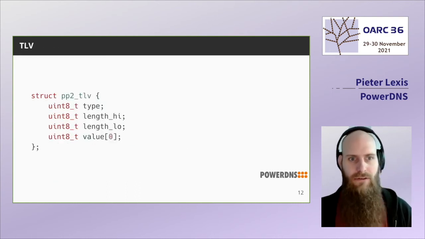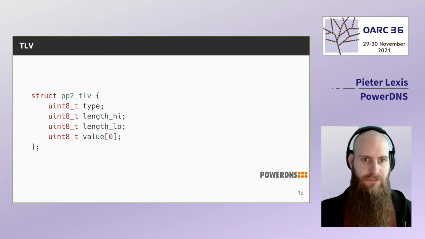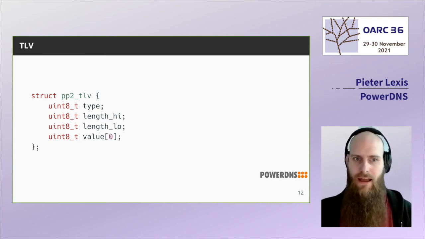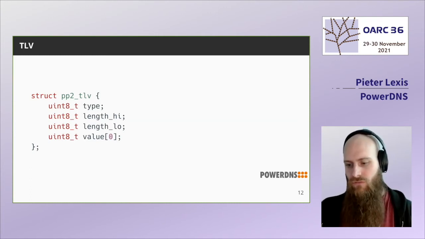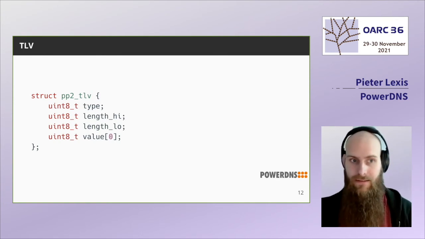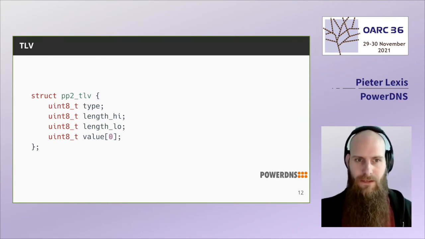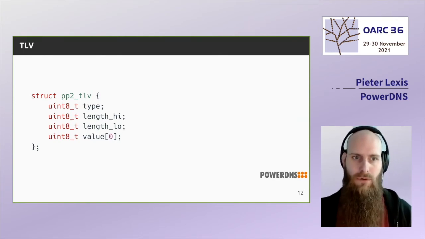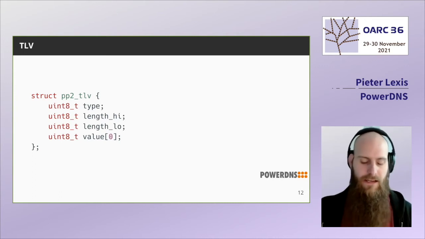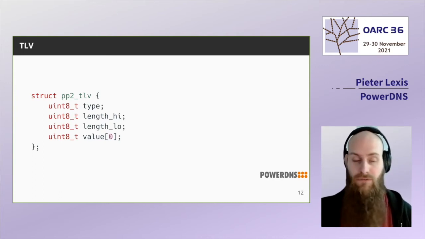The tag length values, again, you have a type field, you have 2 length fields, and then the total value. And this can be used to send more information to the backend if that would be required. And of course, the backend supports this because unknown types will be ignored. Within the protocol, there are 12 types already defined, like the SNI that was used, mostly for TLS.